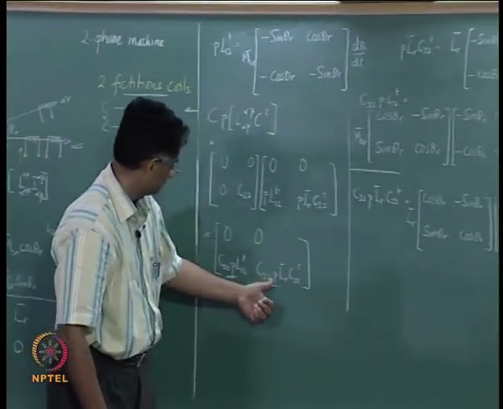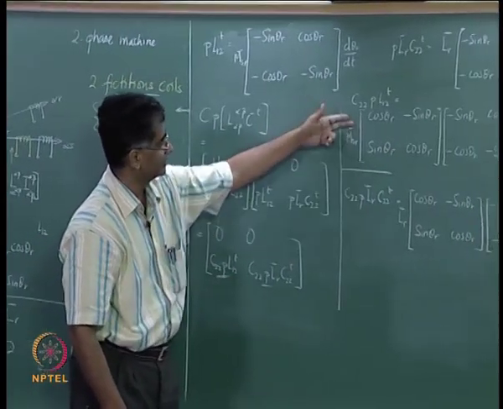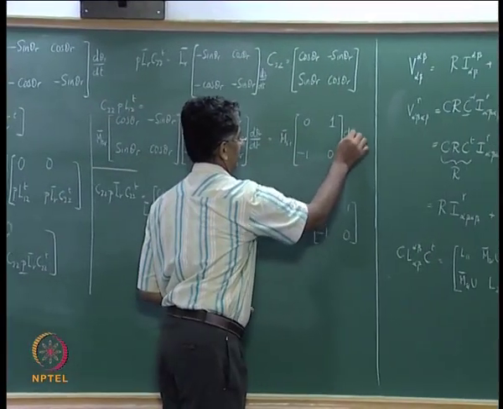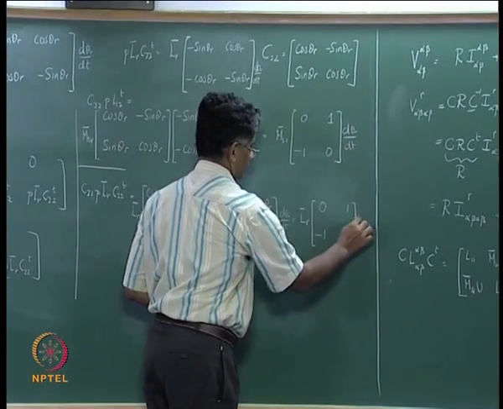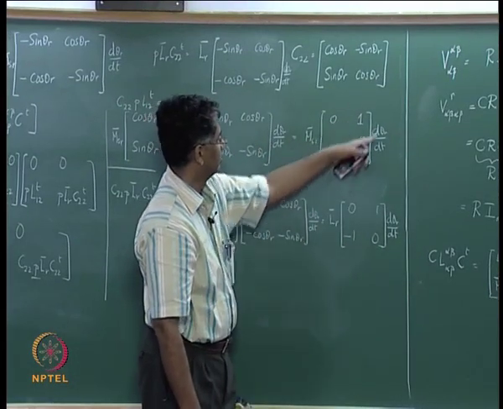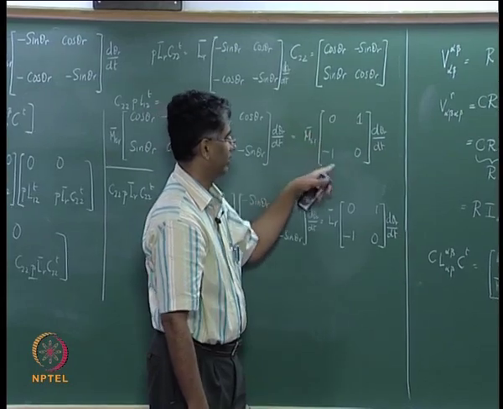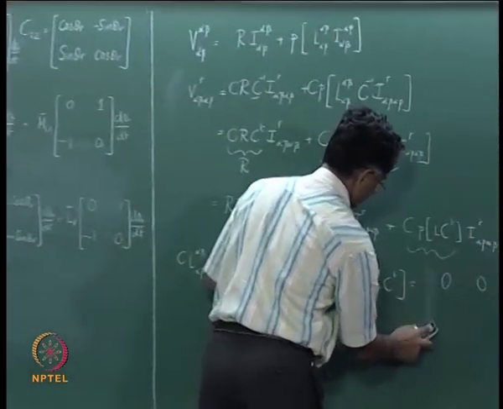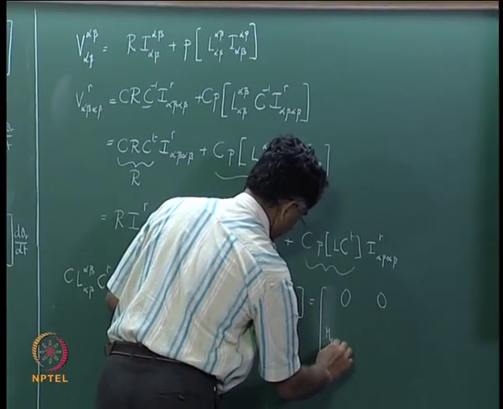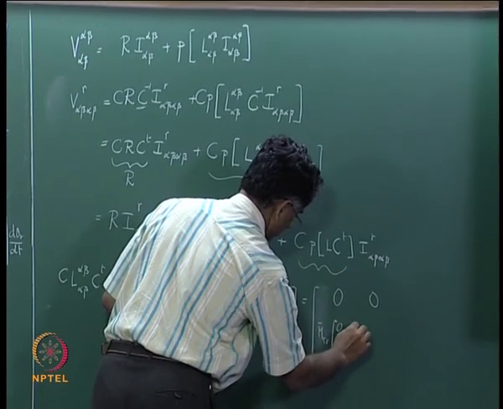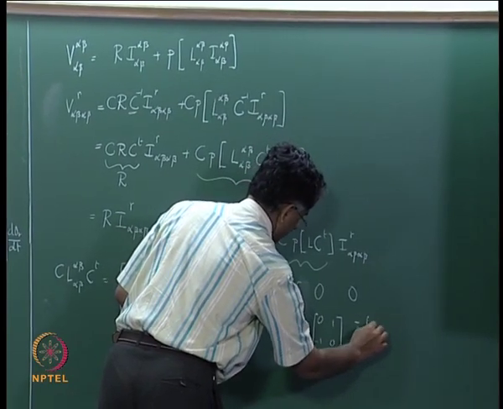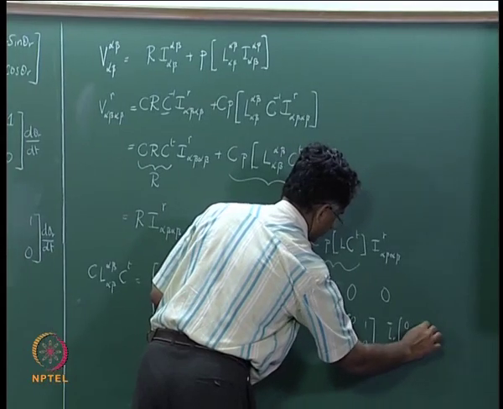The next two entries are available in these two places. The first entry is MSR bar, I missed this d theta r by dt, is MSR bar into a description like this 0 1 minus 1 0. So, let me write this slightly bigger to accommodate that. So, this is MSR bar into 0 1 minus 1 0, and then here you have LR bar again into 0 1 minus 1 0.